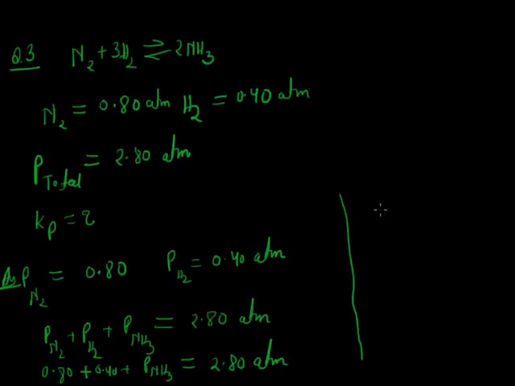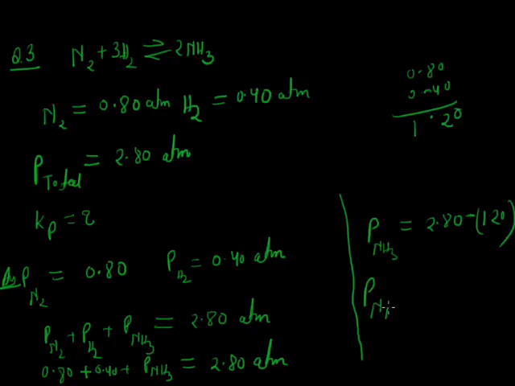Now PNH3 equals 2.80 minus (0.80 plus 0.40), that is 2.80 minus 1.20. Subtracting, we get PNH3 equals 1.60 atm.